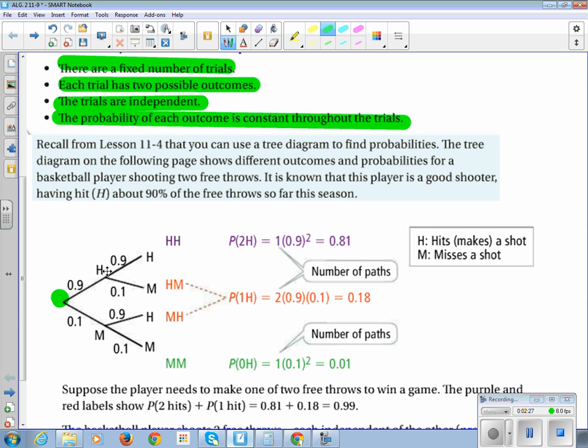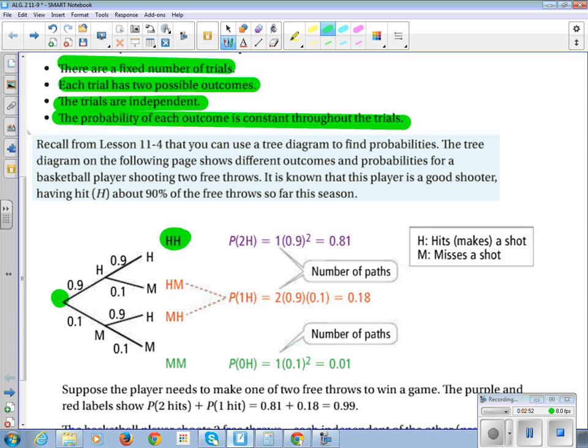Then she either makes it or misses it. Then the next time she's back at the free throw line, ready to shoot the hoop, again the probability resets. She has a 0.9 chance of making it or a 0.1 chance of missing it. So when we calculate the probabilities, H is for hit.